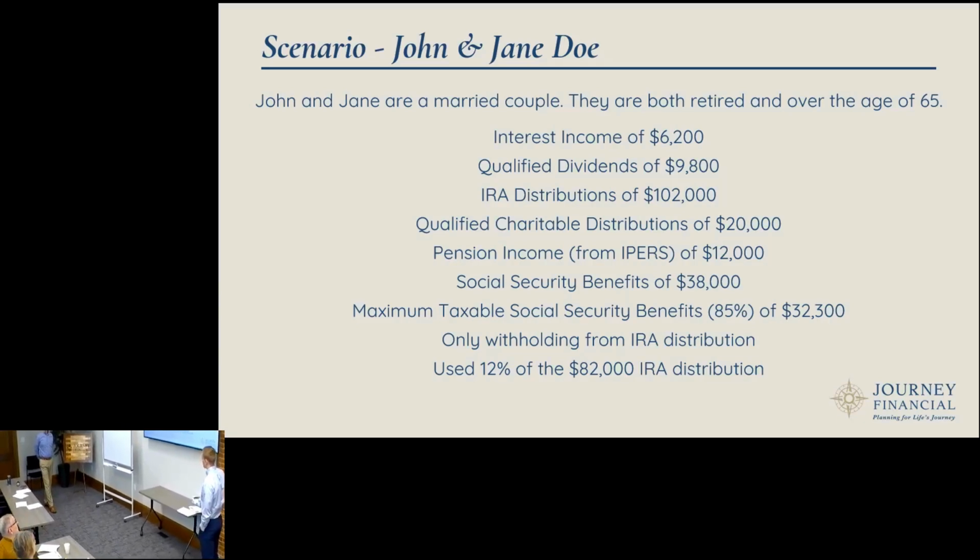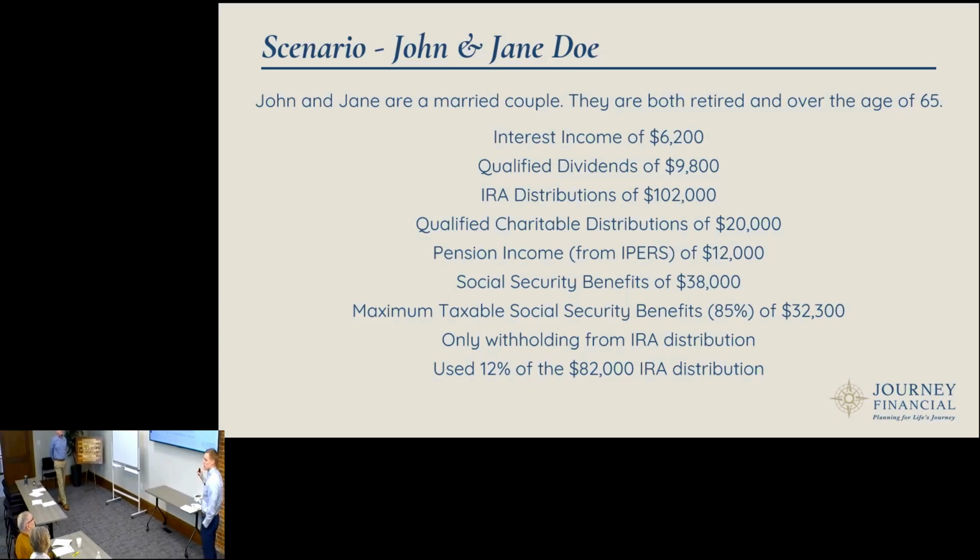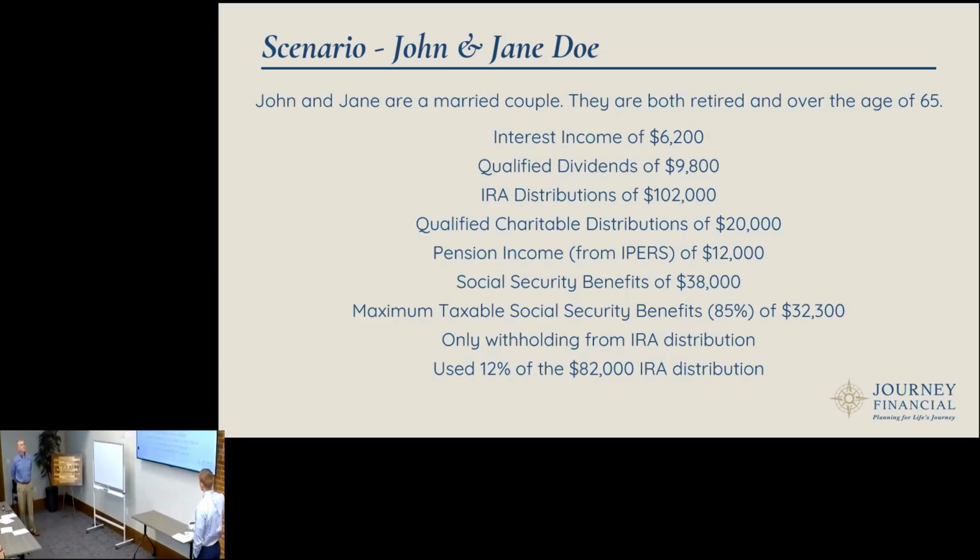They have total IRA distributions of $102,000 for the year, but we're also going to assume that 20,000 of that 102 is going to be a QCD, a qualified charitable distribution. They've got pension income, let's say from IPERS, of 12,000 a year, total Social Security benefits 38,000.